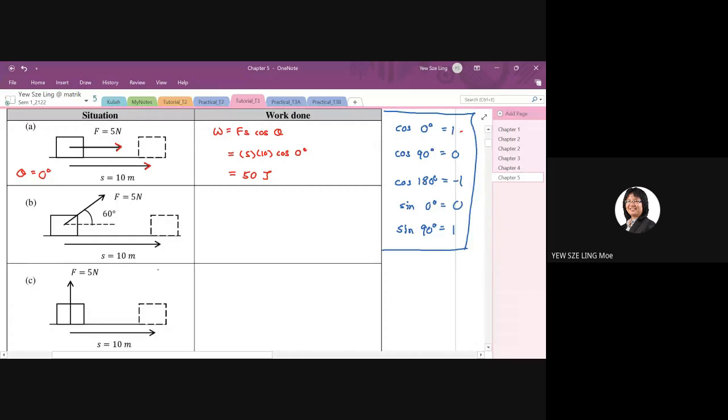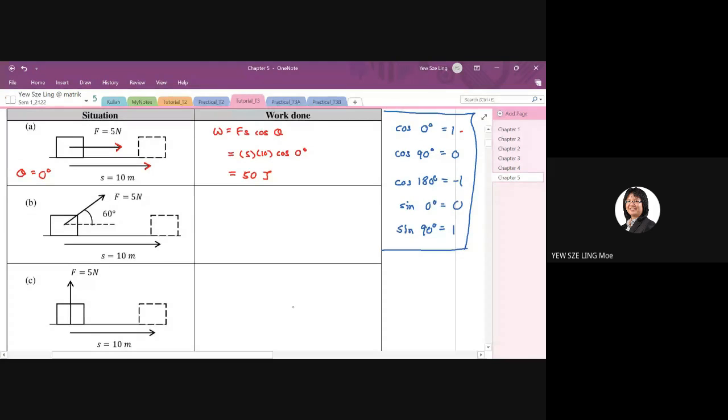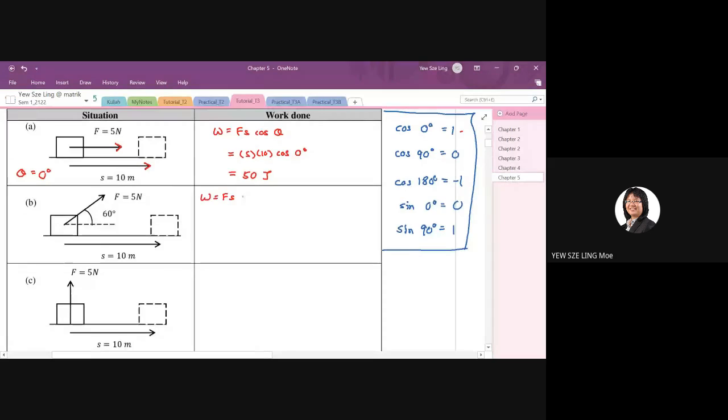Now let's look at the second question. The first method is the one in red, W equals Fs cos theta, the same as the one above.